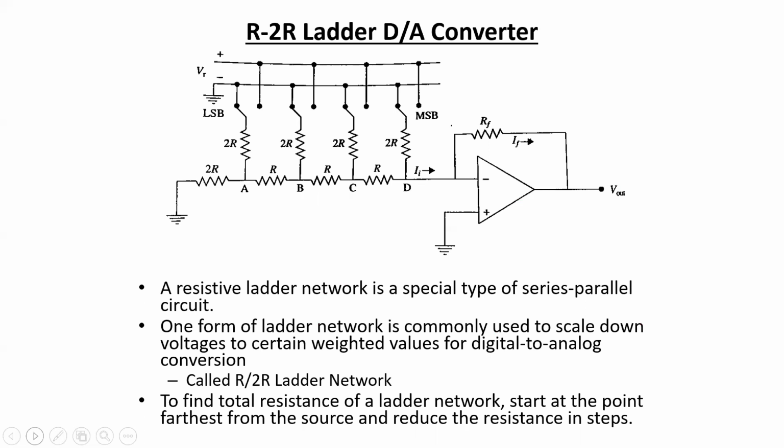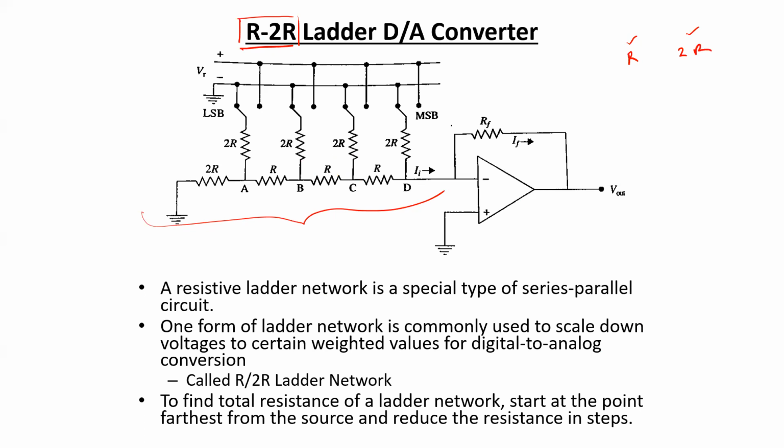The second type of digital to analog converter circuit that I'm going to discuss here in today's lecture is the R to R ladder digital to analog converter. The name R to R comes from the fact that in this particular circuit, a ladder network is formed, as you can see over here, which only contains resistances of these two different values, R and twice R. So there are multiple resistances, but the values are having these two distinct values.